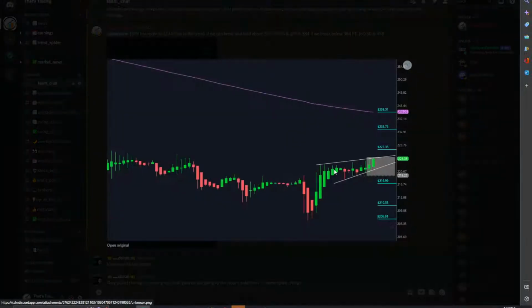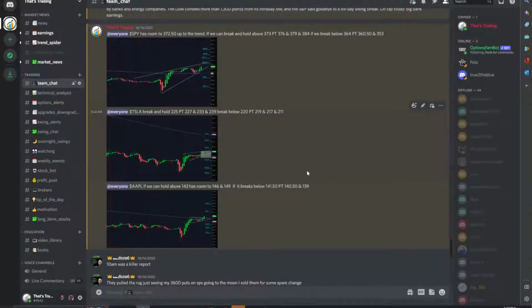I'm looking at this rising wedge here, and I said if we break this, these are our targets, right? If we break down, these are our targets, and whichever we break, that's what we're going to play.